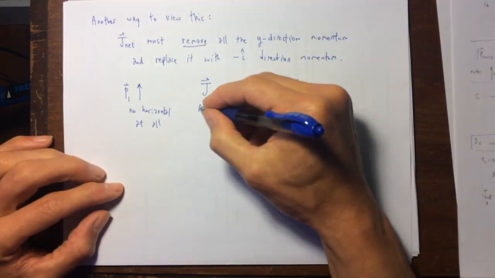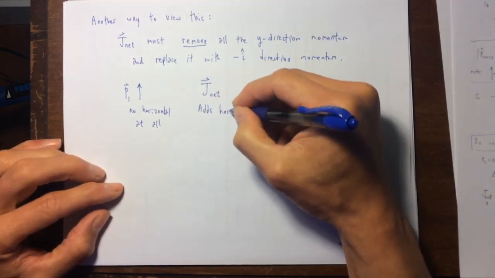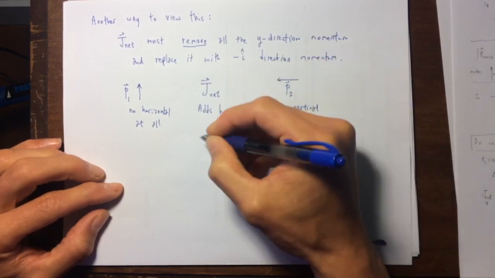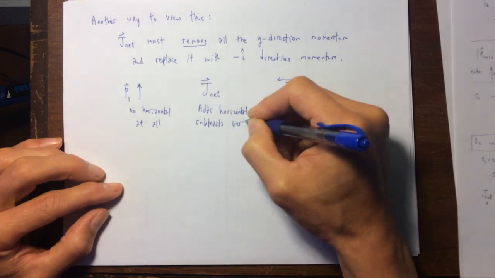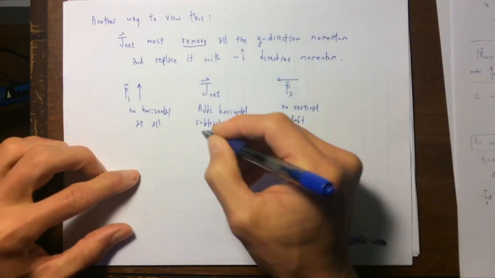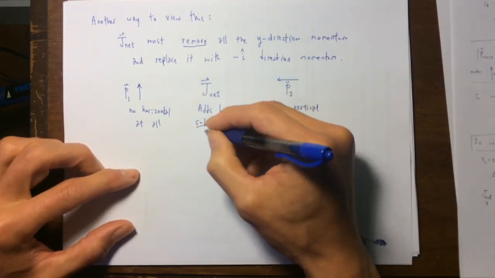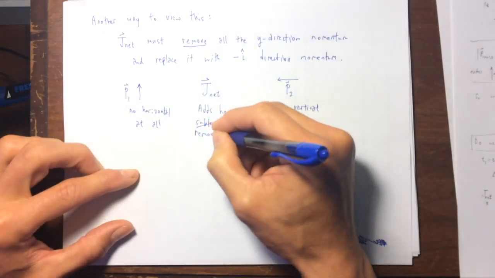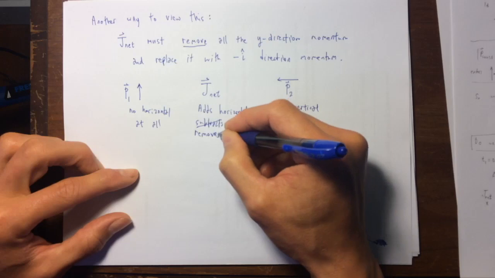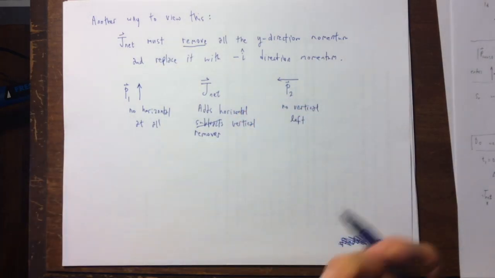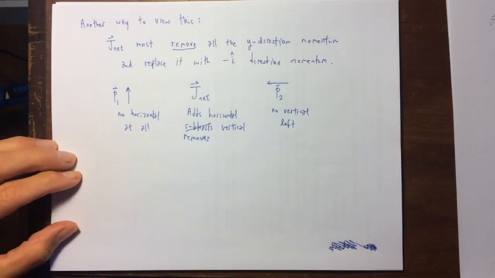So this adds horizontal and subtracts vertical, or removes. This is another way to view what the impulse momentum theorem does.